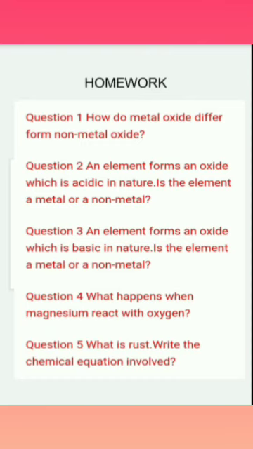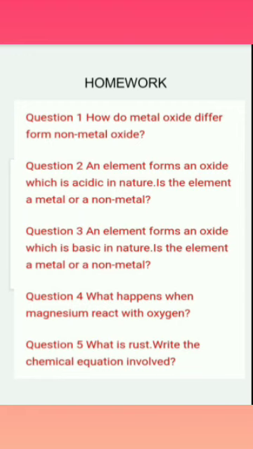Then homework. How do metal oxides differ from non-metal oxides? So metal oxides are basic in nature. Non-metal oxides are acidic in nature. An element forms an oxide which is acidic in nature. Is the element a metal or non-metal?